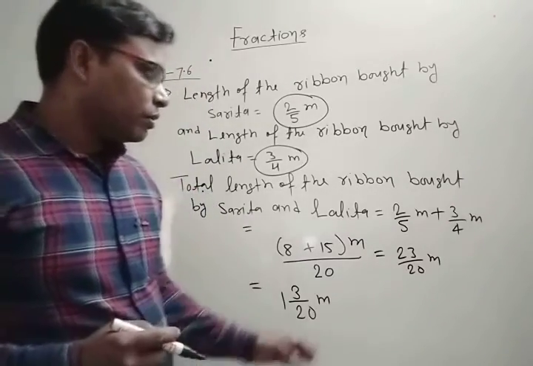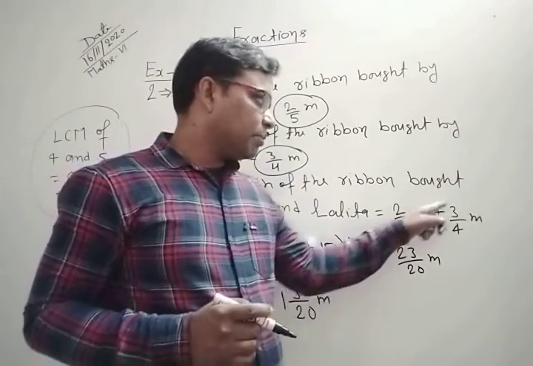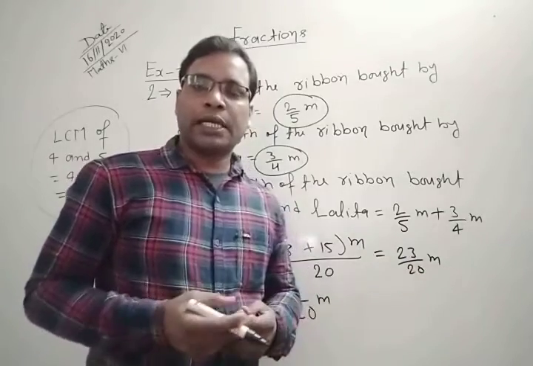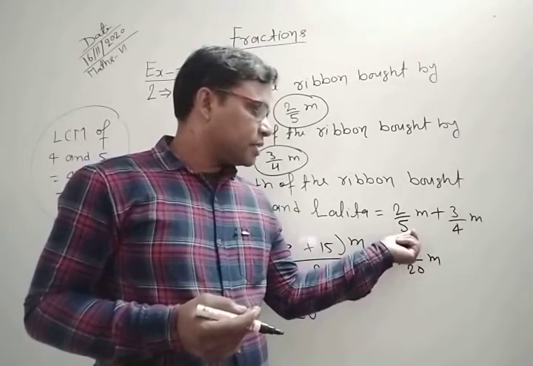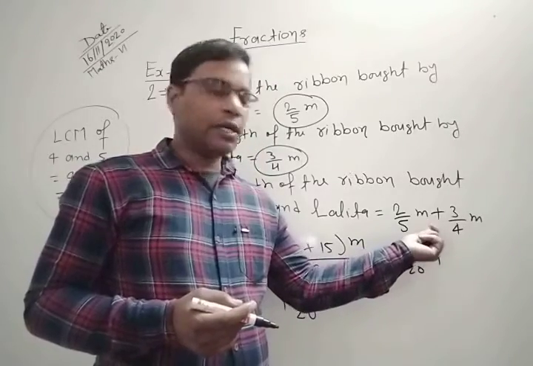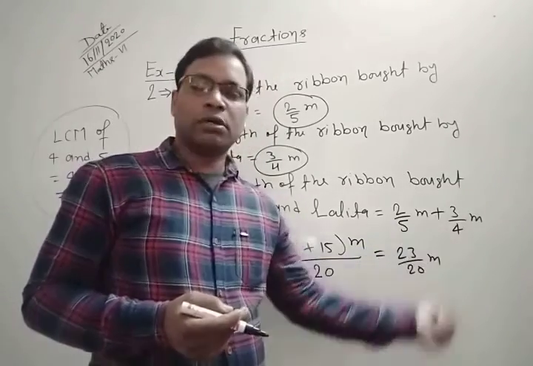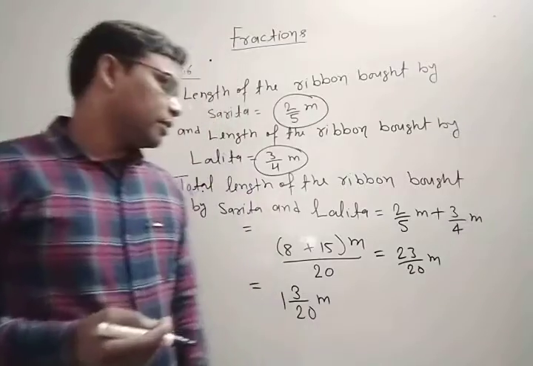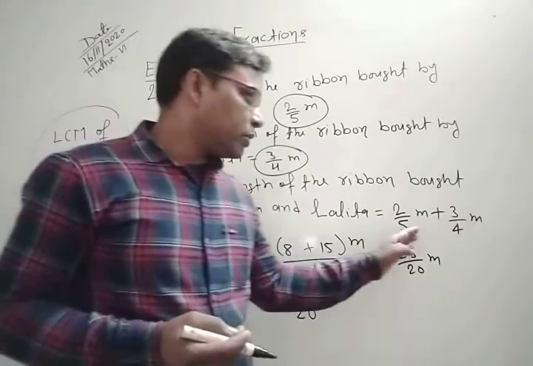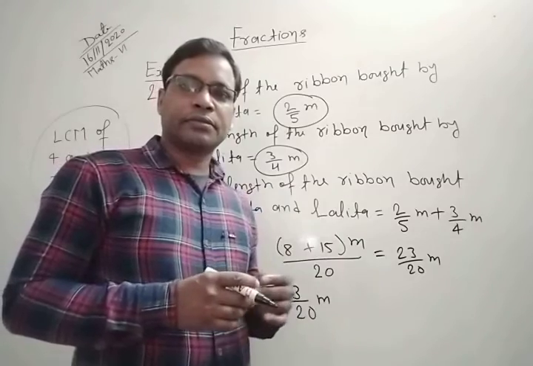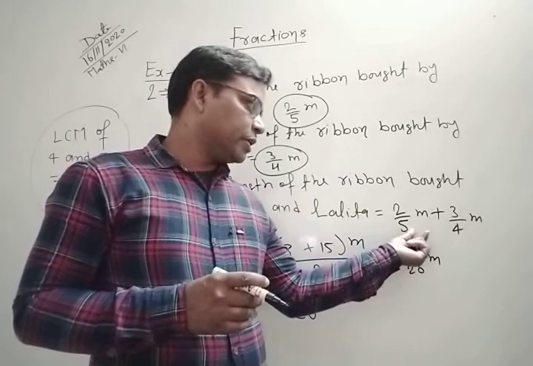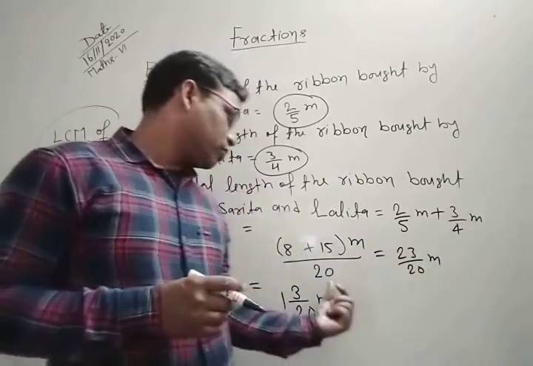Here 2 by 5 and 3 by 4 are unlike fractions, and the denominators are 5 and 4. 5 is a prime number, 4 is a composite number, and the LCM of 4 and 5 is the product of the denominators, 5 into 4, which is equal to 20.